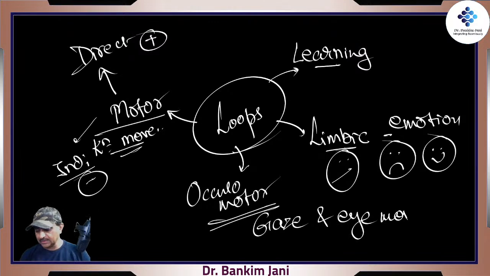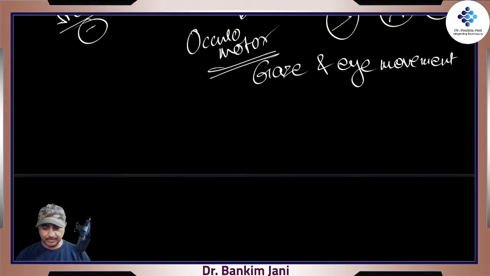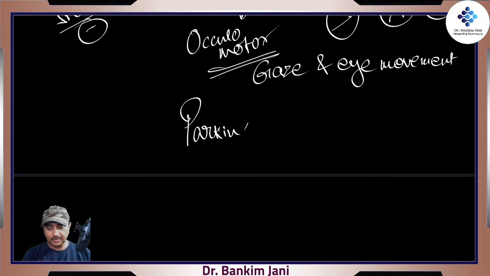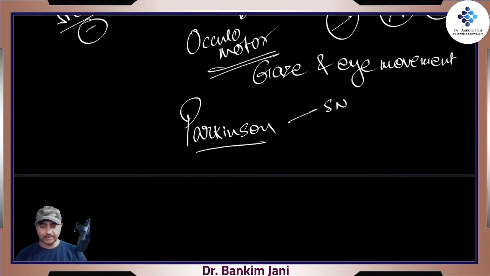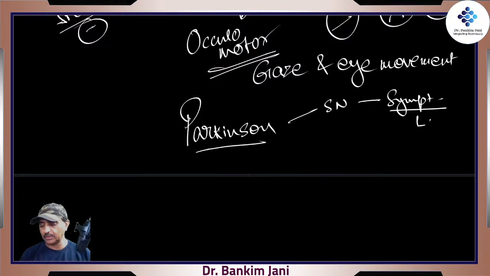So that's like a brain map, and this is what we'll be discussing. On top of it, once this is complete, we'll talk about Parkinson's. We won't just say it is a neurodegenerative disorder of the substantia nigra and be done. We'll actually watch the symptoms and try to correlate them with the loops.